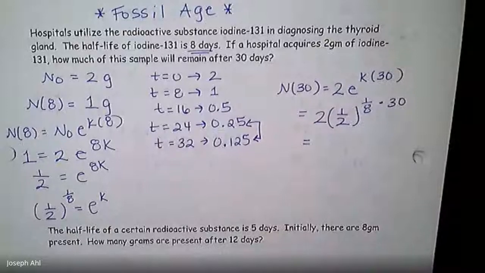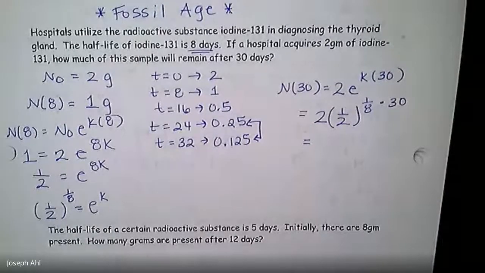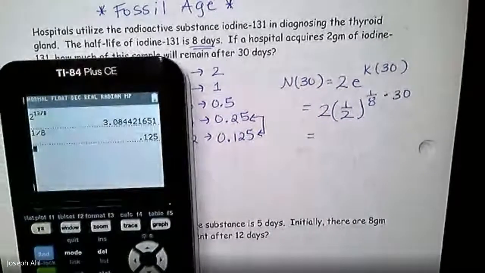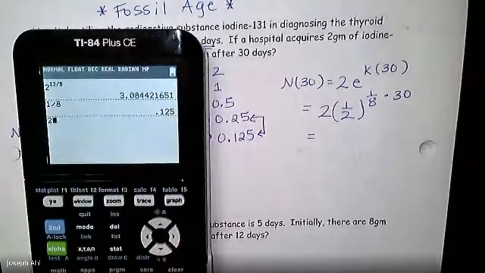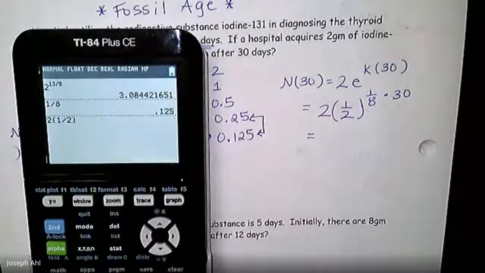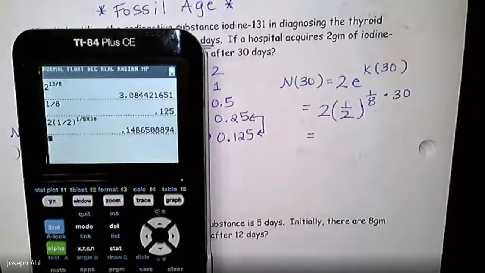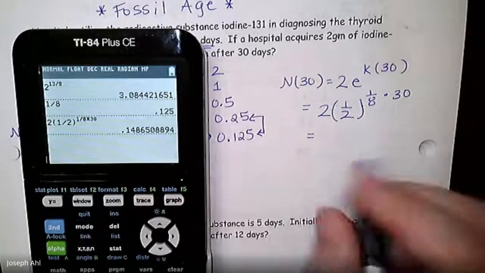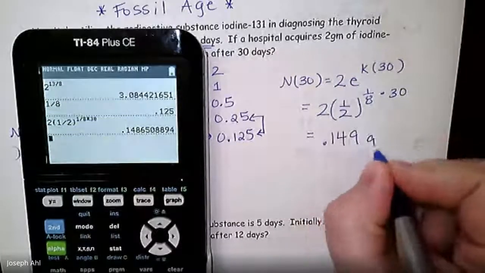If you want, you can make that into 30/8ths, or you could turn it into 15/4, it's up to you. But you also can just type that in as 2 times 1/2 raised to the, and then you could do 1/8 times 30, and that is 0.14865. So let's go to, let's say, 3 decimal places, 0.149 grams.